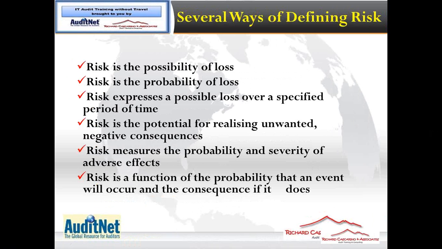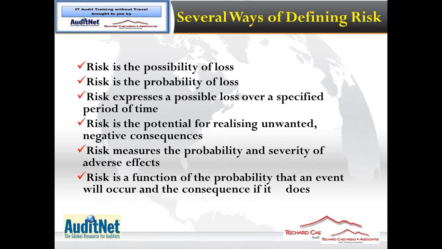But that's a difficult one because that involves very much an empirical risk. Count it up. We are $3.5 million at risk per year. Well, maybe yes, maybe no, but what about loss of reputation? Can you put a value to that? So other ones will say that risk is simply the potential for realizing unwanted negative consequences.